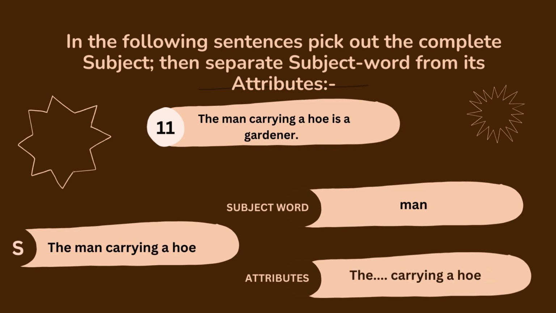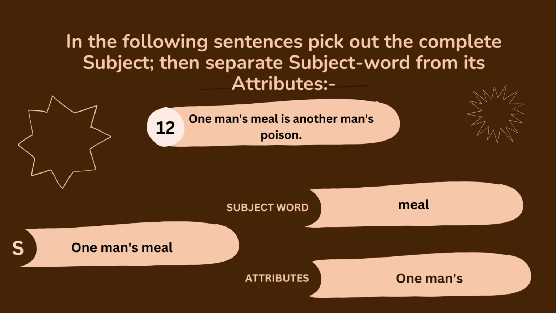Number 11, the man carrying a hoe is a gardener. Here the man carrying a hoe is the complete subject, and the word man is the subject word, and the rest of the part, the and carrying a hoe, is the attributes of this subject word.